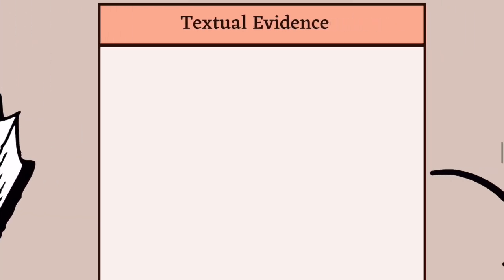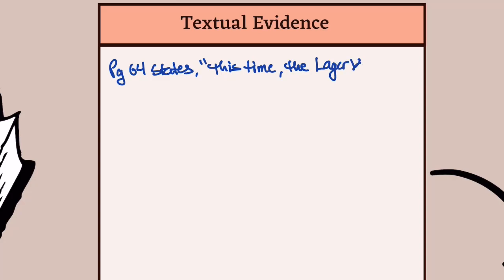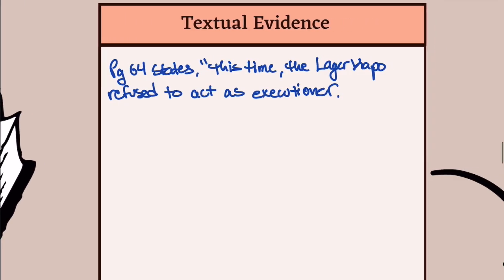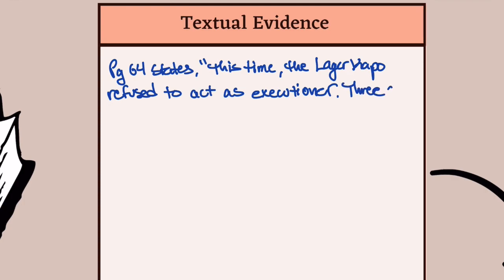Okay, so we have page 64 that states, "This time, Lager Capo refused to act as executioner. 3 SS took his place."